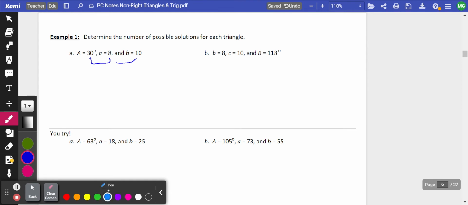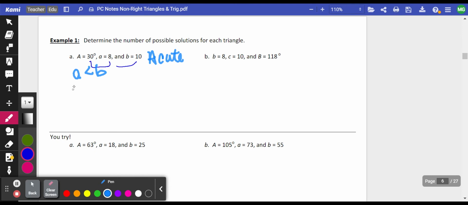First, I write acute over here, to make sure I'm using the right test. And then I say A is less than B, because that pushes me in the right direction to compare A to B sine A. So I would write A, B sine A. A is 8, B is 10, and A is 30.